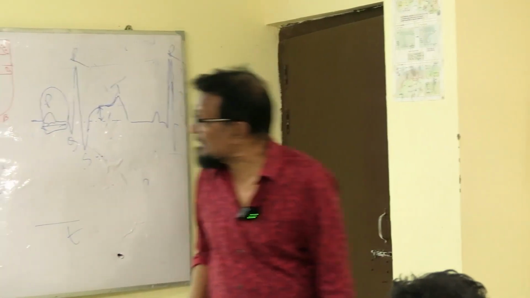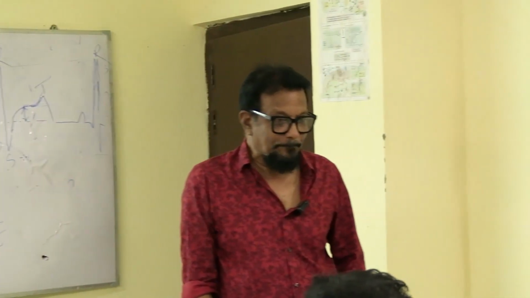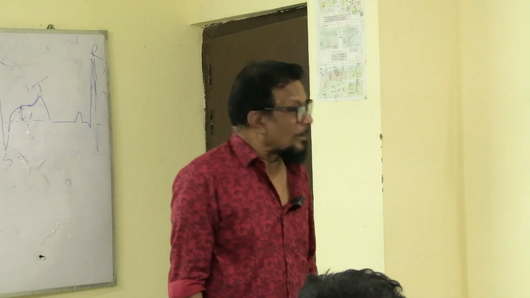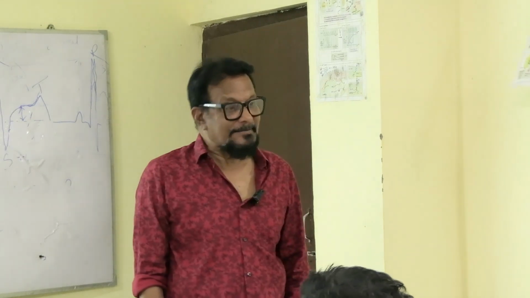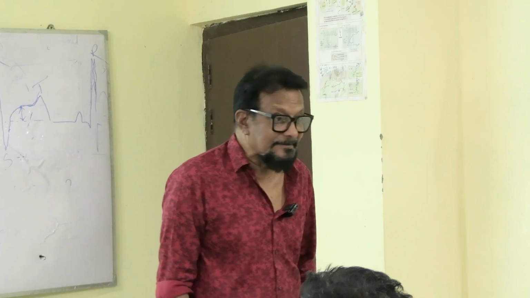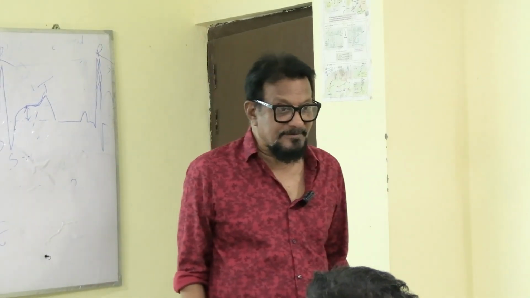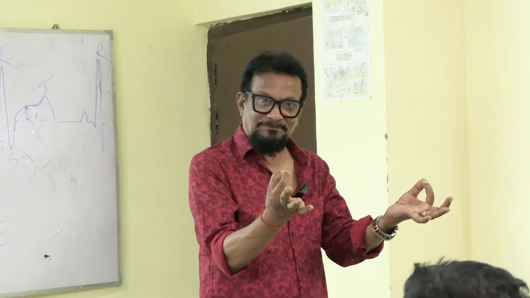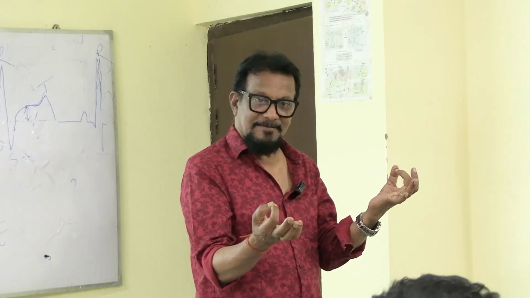Now you can see some part of the heart is in a polarized state, meaning positively charged, and some part is depolarized, and as a result that surface is negatively charged. Now there will definitely be a voltage difference, isn't it? Like a battery. One end is positive, another is negative.